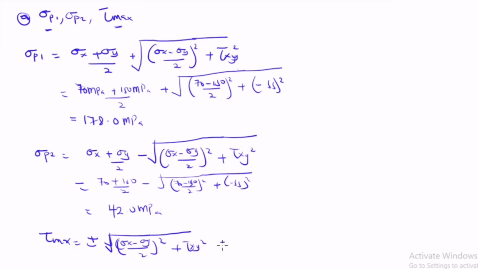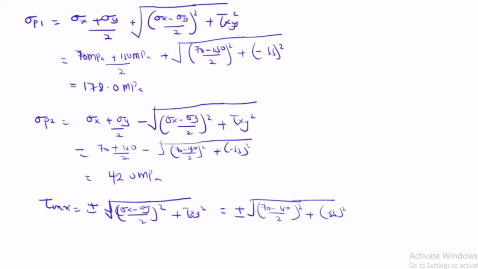In that case, when you do that correctly, you are going to have that plus or minus square root of 70 minus 150 all over 2 all squared, then plus negative 55 squared. And then our maximum shear stress will be plus or minus 68.0 megapascal.